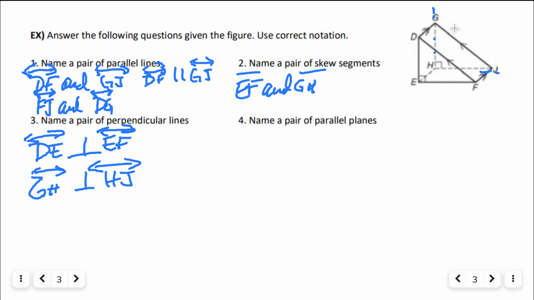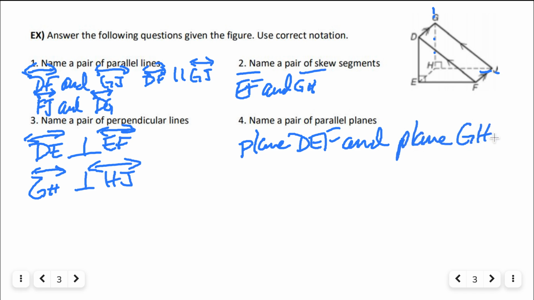It's like having the front side of something and the back side of something. They'll never meet. So plane DEF and plane GHJ. What letter is that? That's J, I think. J. Okay, those two planes would be parallel. All right, that's using our definitions.